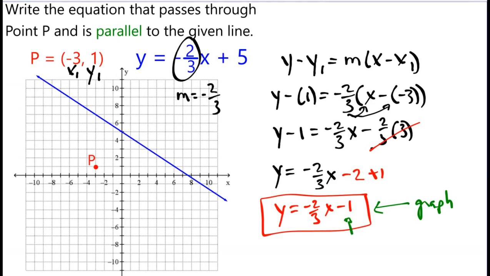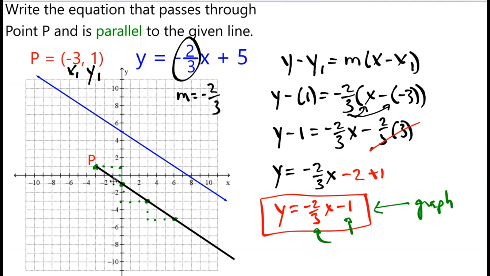We start at the y-intercept of negative 1, and we go down 2 and to the right 3. So 1, 2 down, 1, 2, 3 to the right. Or we could reverse that: instead of down 2 and right 3, we can go up 2 and left 3, and we see it lands on the point P. Now we can graph a line that goes through here.